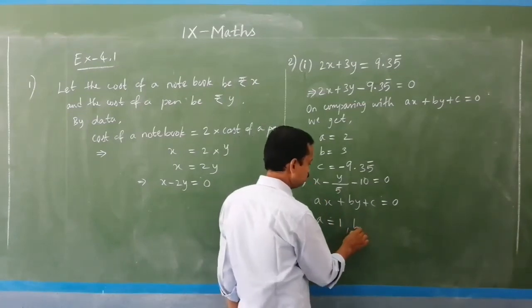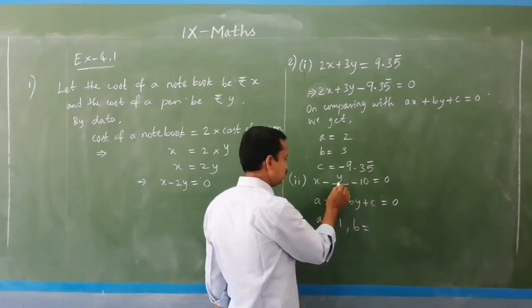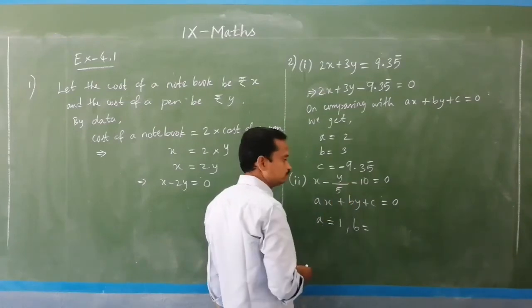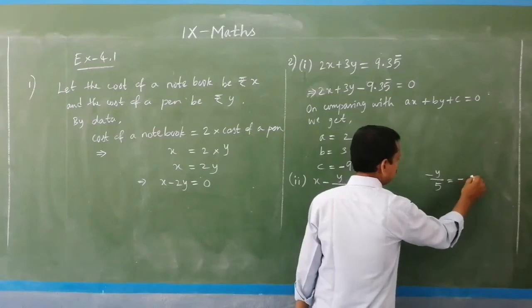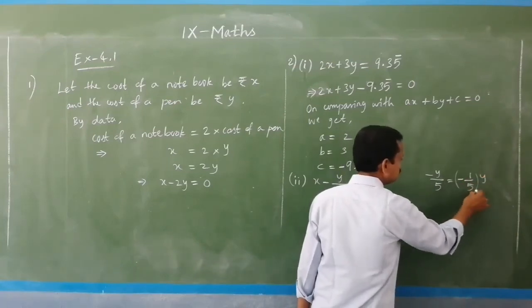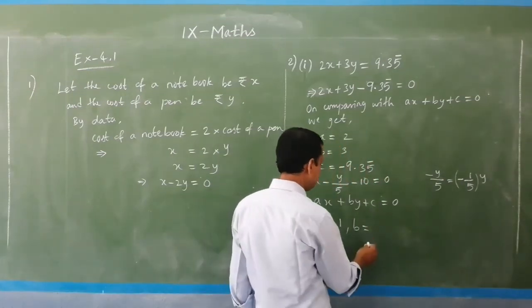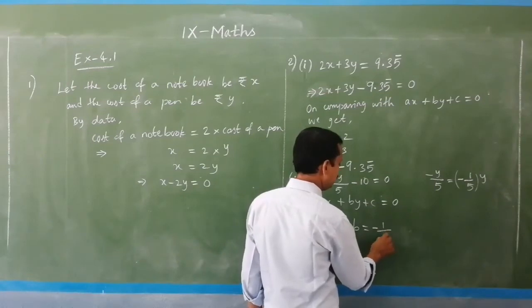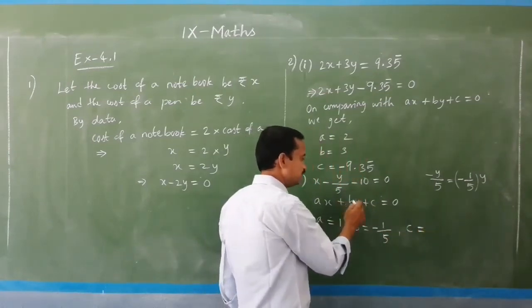What is B? You can write minus y by 5 as minus 1 by 5 into y. So, this is the coefficient of y. So, B value is minus 1 by 5. And C is minus 10.